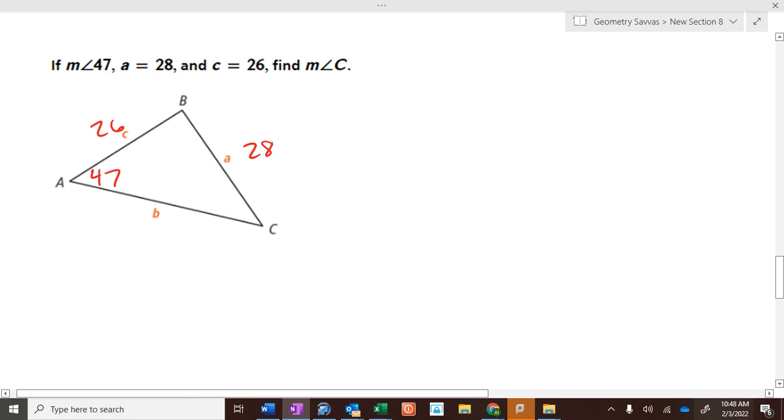Okay. This time when we take it through it, I'm going to take you through one little shortcut on your calculator, which will make life easier. So let's set it up. How do we set it up? Sine of 47 over 28 equals sine of C over 26.